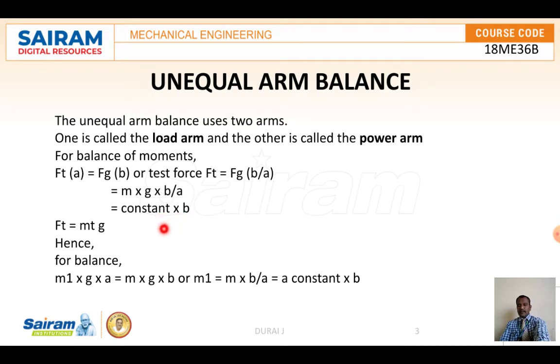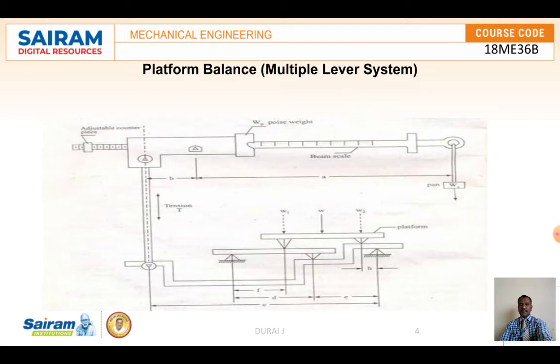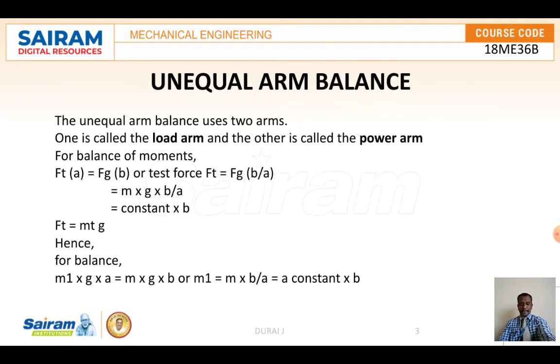Hence for balance, m1 into g into a is equal to m into g into b, so finally m1 is equal to m into b by a.